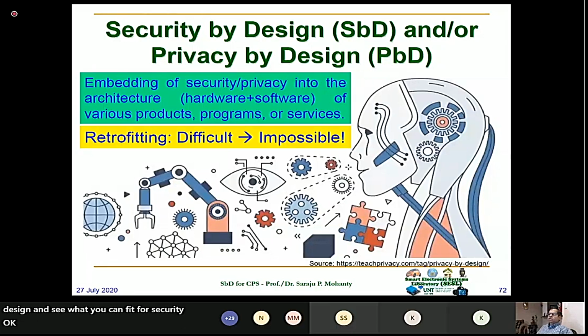Okay, so that means security and privacy have to happen as a practice in the design flow, starting from the first step, so that we do not have to retrofit the security mechanism, and sometimes retrofitting may be very difficult. Okay, that's the idea. So at every step think security, that means have the features, you may or may not use them, but have the features, so whenever needed you use them.